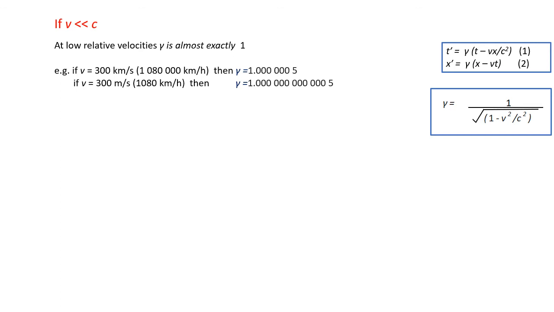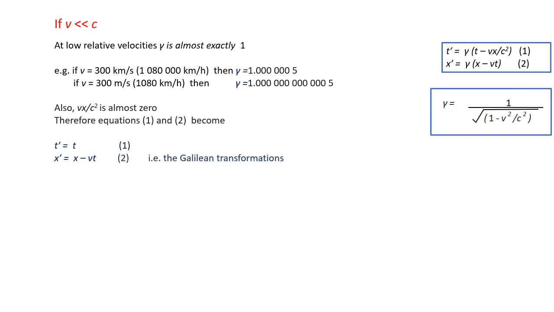Also at low velocities, the term vx over c squared is almost 0. Therefore, equations 1 and 2 simply become t' equals t and x' equals x minus vt, which are the Galilean transformations we met earlier.